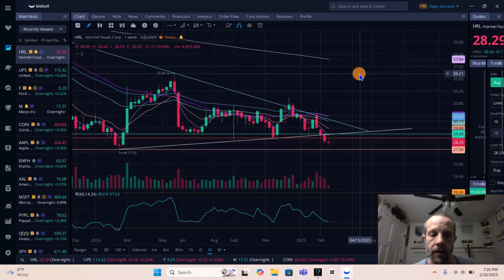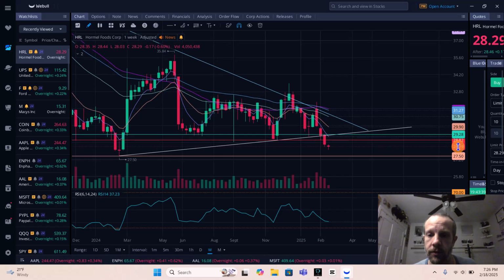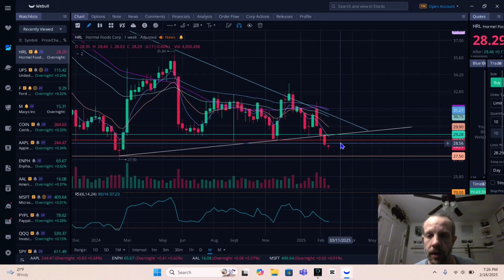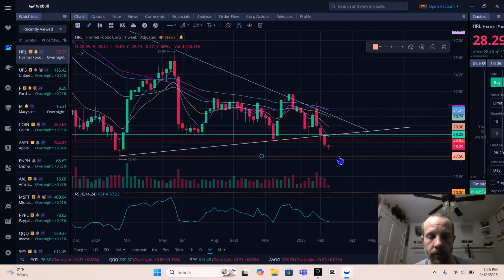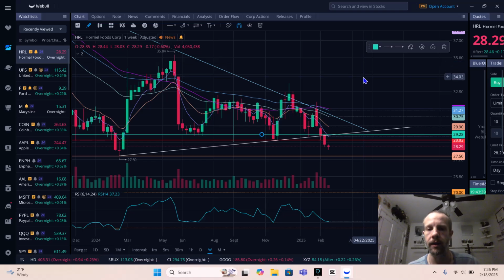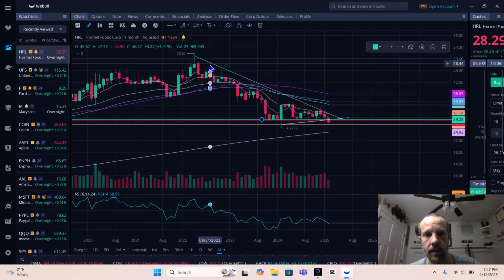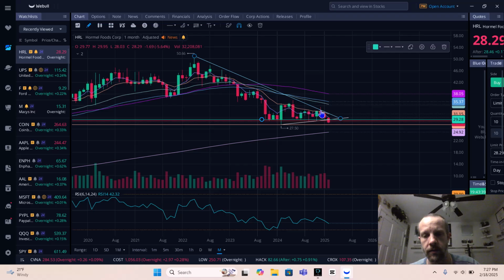For me, though, I'm not going to be interested in doing anything with it while it's in this range. I want to see it either break down completely under 27.50 or break back above the 29.28 mark before I did anything with this stock personally. But just something to keep an eye on right now is the direction that it could go, which if we zoom out on the monthly chart, you can see there's a big trend line where it's tried to break out.